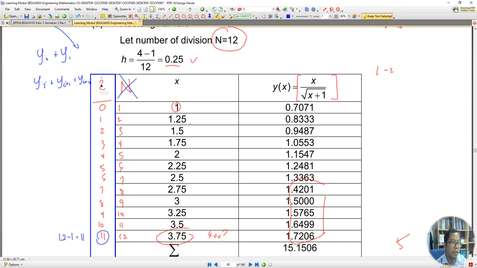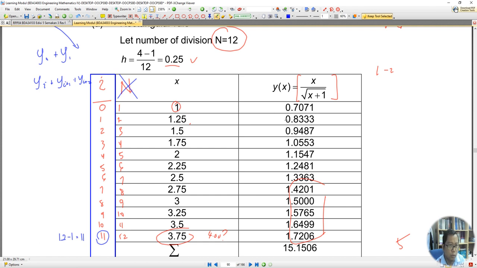So you have to put i and then x and the value of the function y of x, based on this one. Okay, so x is based on this number.